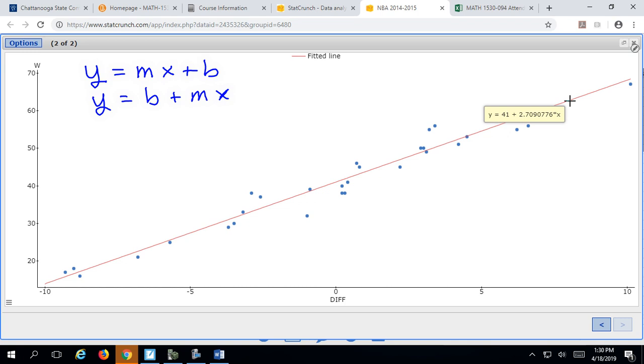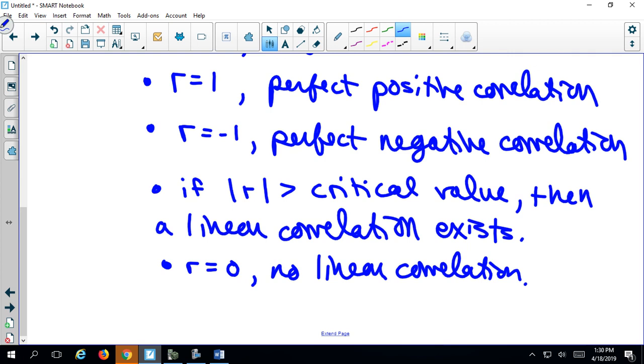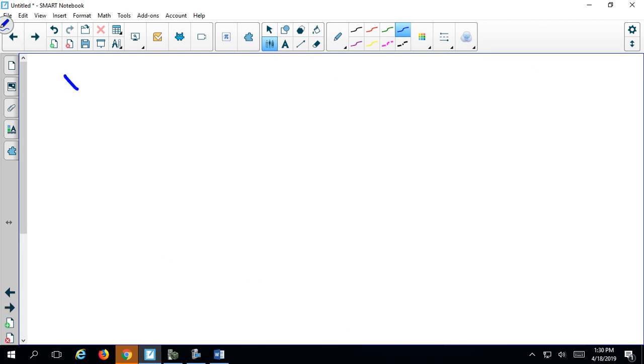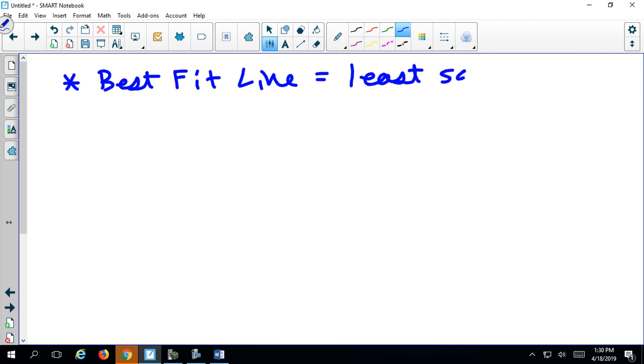So let's write that down. The best fit line is called the least squares regression equation.